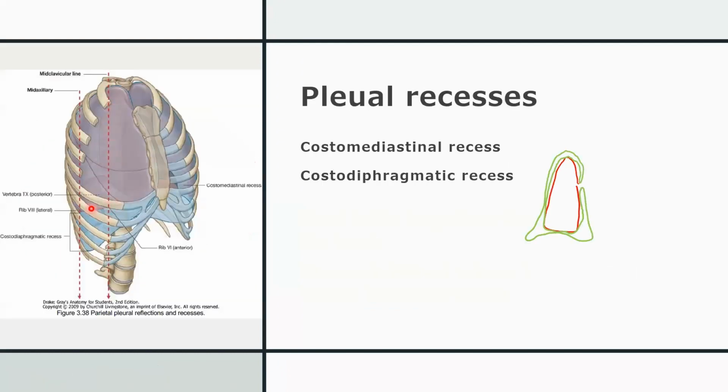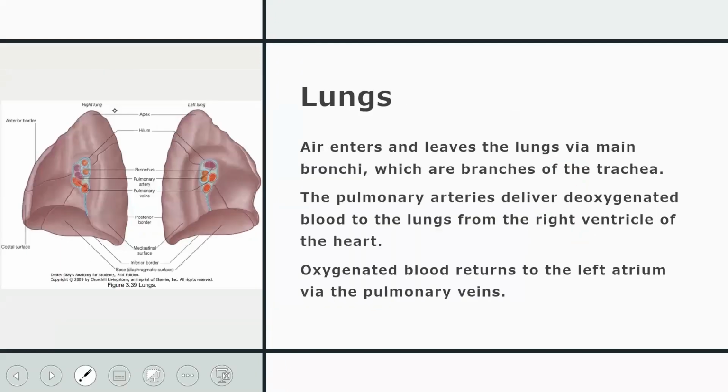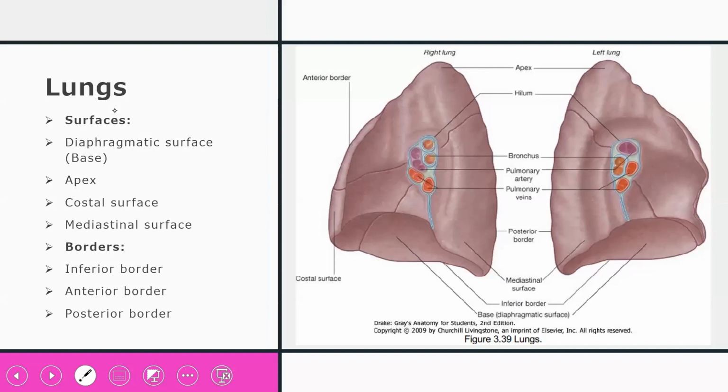This outward surface is the costal surface, right? Then you have the mediastinal surface in contact with the mediastinum, and inferiorly you have the base or the diaphragmatic surface in contact with the diaphragm. And then you have the apex, which extends into the neck. So those are the basic surfaces.